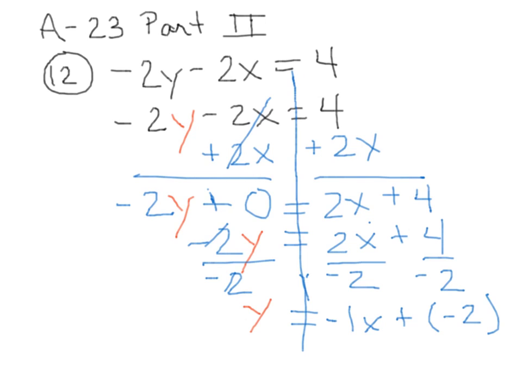And I can just turn around now and rewrite that equation a little bit clearer as y is equal to negative x minus 2. So I just took the negative 1x and multiplied through, and that gave me a negative x. And plus negative 2 gave me a minus 2. And that is the end of that problem.